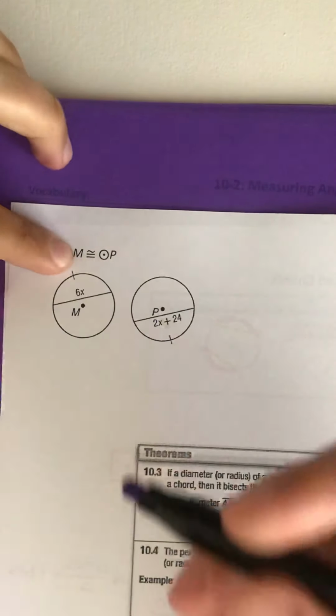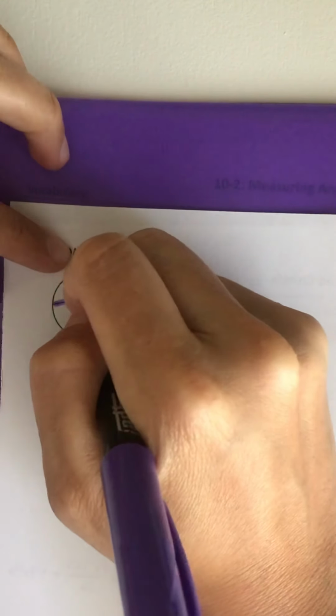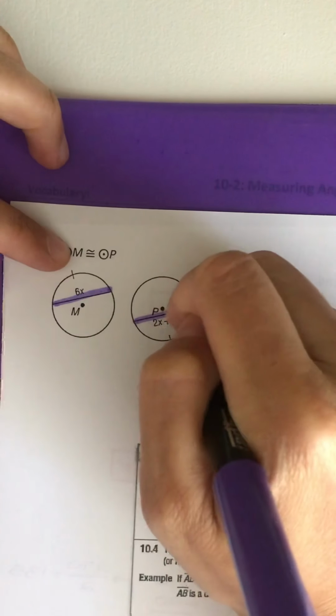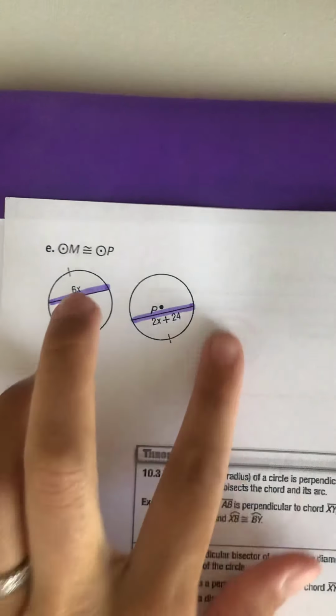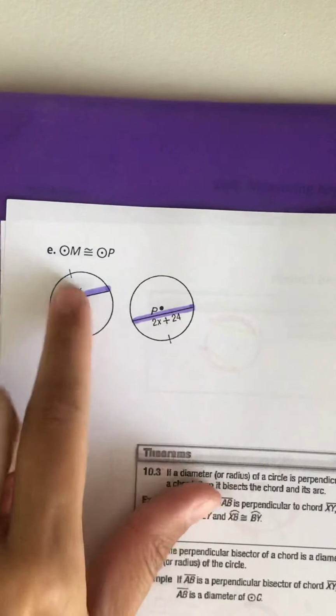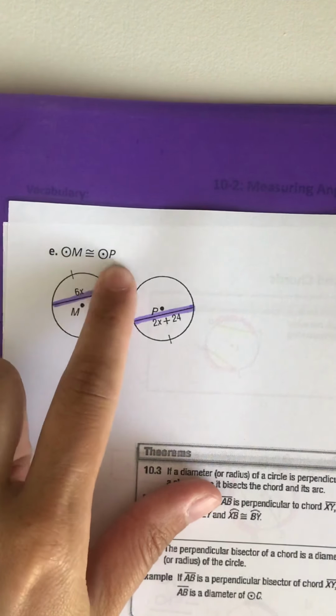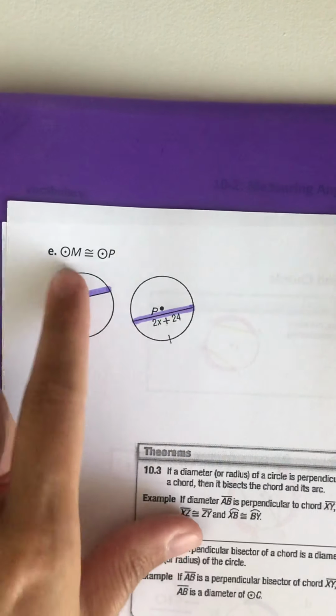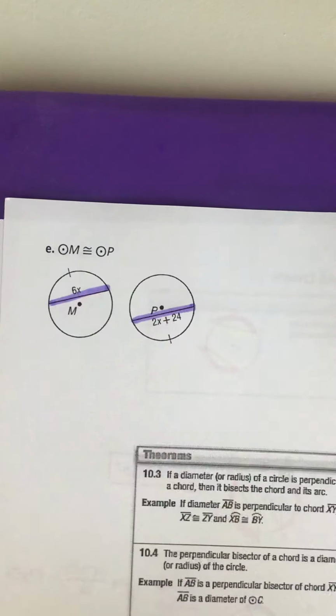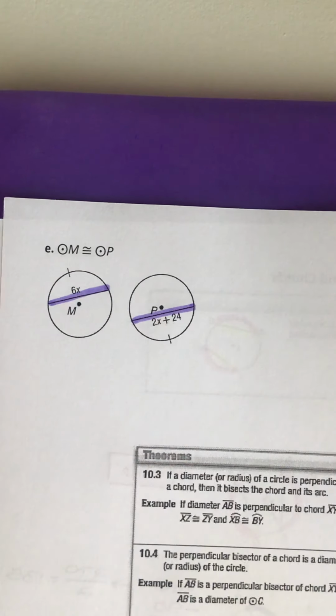Both of these arcs are congruent, so I'm going to set 6x equal to 2x plus 24. These two are two different circles, but it says up here that they are similar. They are congruent, actually. So since they're congruent, we can still do that with two separate ones.